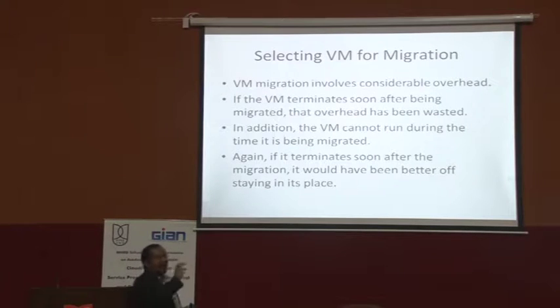Now, as I said, the overhead is a very serious problem to look into when migrating virtual machines, and the ones that finish soon. If you migrate them, the overhead will basically kill you and waste a lot of time and a lot of energy.